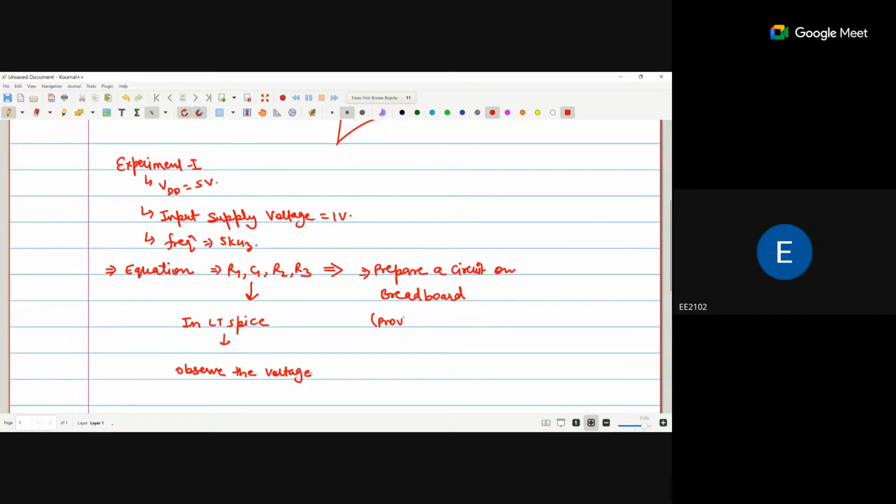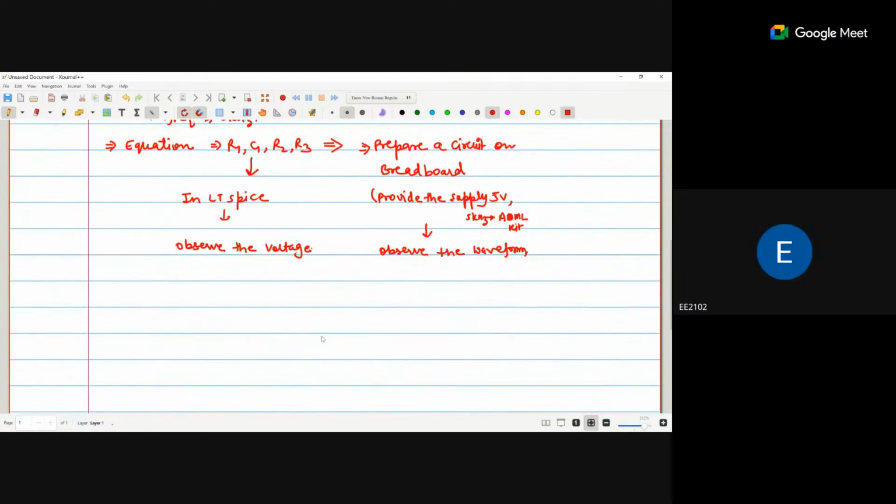Provide the supply, 5 volt and 5 kilohertz, using the ADML kit, and observe the waveform. Okay, this is your second task.